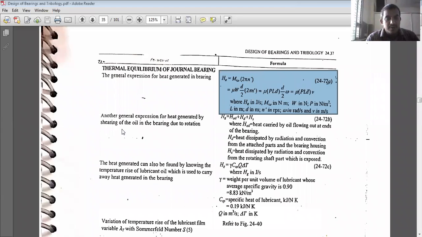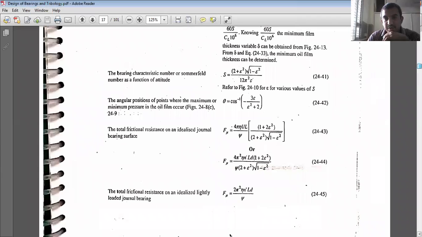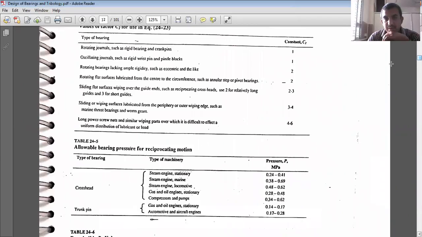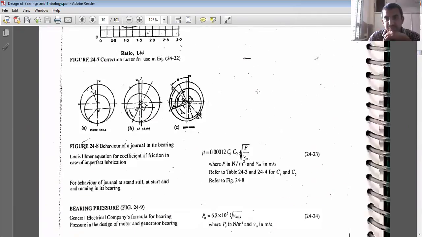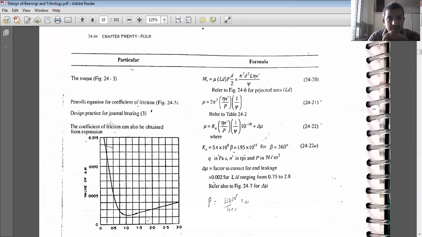It's 24.22. Again, go to data handbook, 24.22. See that the coefficient of friction can also be obtained from the equation 24.22.